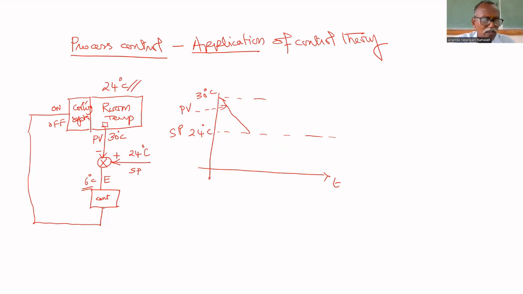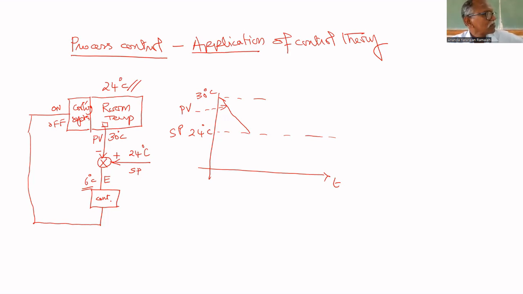Process variable starts decreasing. But this controller will turn on if the error is negative. The error is negative, then only it will turn on. Let us assume like that. When it just crosses 24, say 23.9, the actual temperature becomes 24 means error equals 0. If it becomes negative, then only it will turn off.